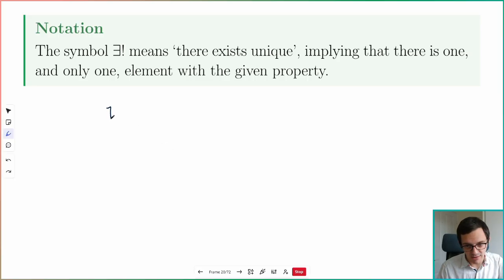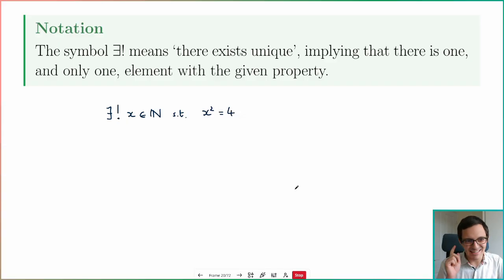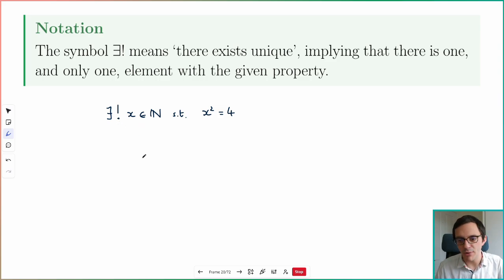So I might say there exists a unique x in the natural numbers such that x squared is equal to 4. I think that's actually a true fact because the number 2 is in the naturals and the number -2 is not in the naturals. So I'm making the claim that there's a unique x in the naturals with that property.